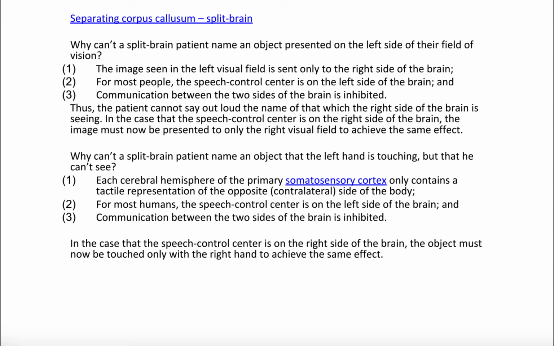For instance, if they see an image in their left visual field, that means the right side of their brain sees the image. But because the left side of your brain processes speech, if you see a picture of your mom in your left eye, it goes to your right brain, which doesn't have the information for speaking, so you can't say that you saw a picture of your mom.